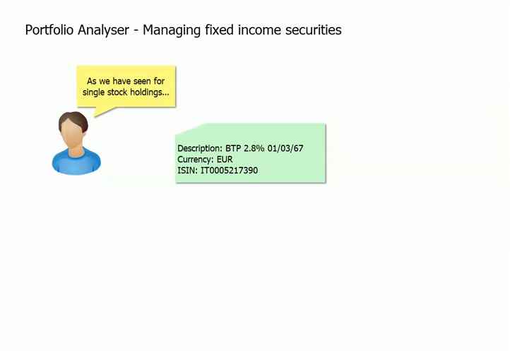As we have seen dealing with single stock holdings, Efficient Frontier needs to convert each holding into its corresponding asset class. Let's see how to proceed.